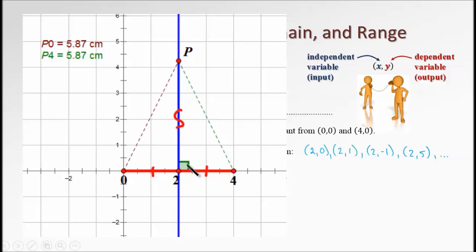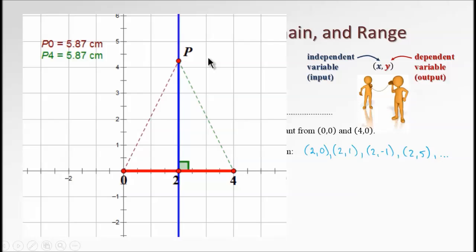Therefore, by the side-angle-side property of triangles, these two triangles are congruent, which means that the sides P0 and P4 must be exactly the same as well. That shows that any point on this perpendicular bisector has the desired property. It is equidistant from 0 and 4.